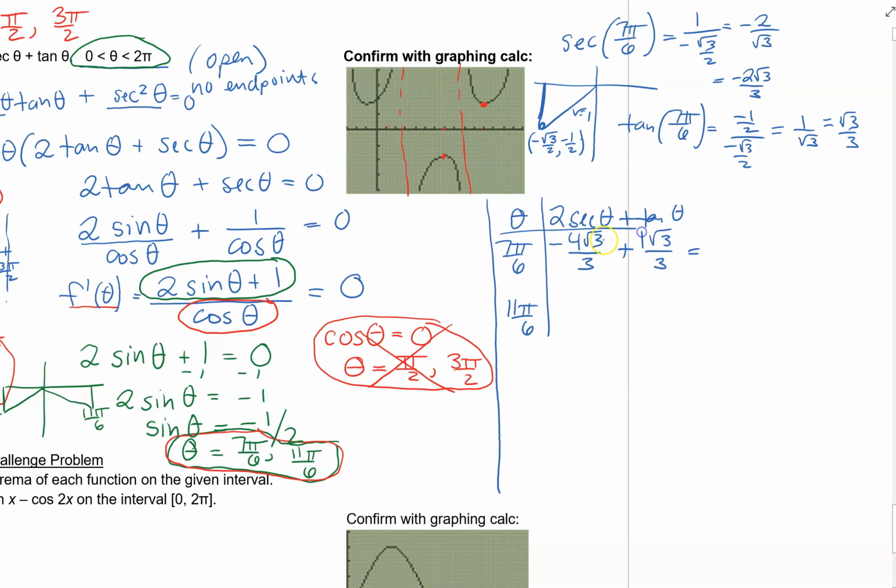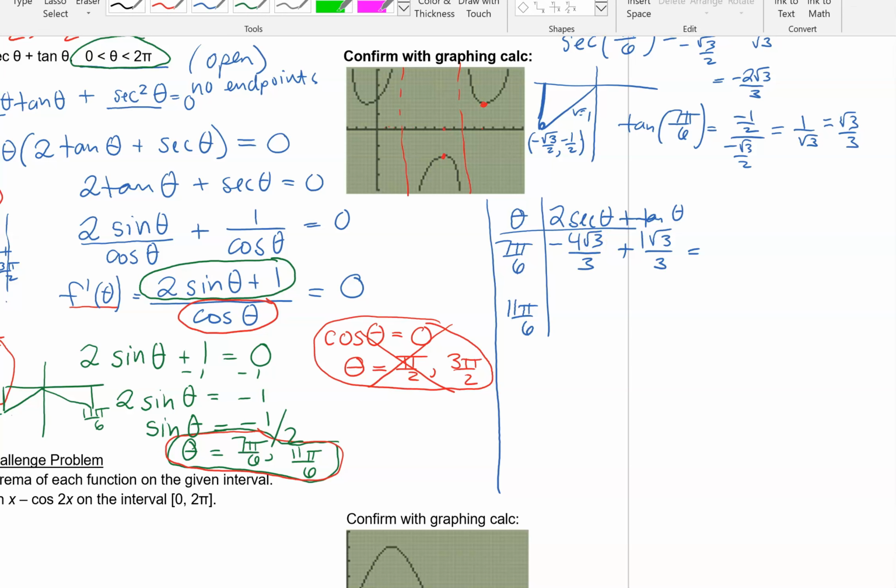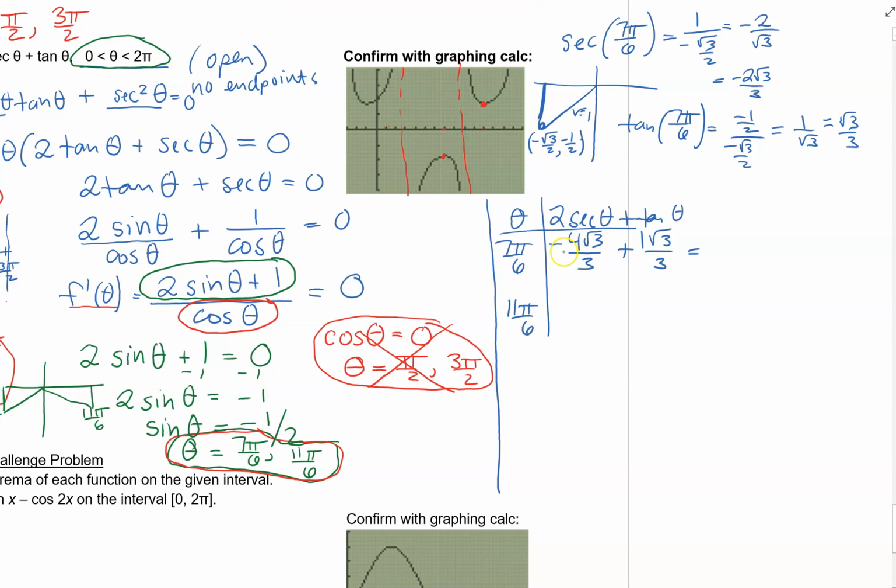So then if I combine my like terms, because I have two terms with rad 3, I have negative 4 plus 1. So I get negative 3 rad 3 over 3. The 3's cancel. I get negative rad 3. So that's my value for y when the theta is 7 pi over 6.